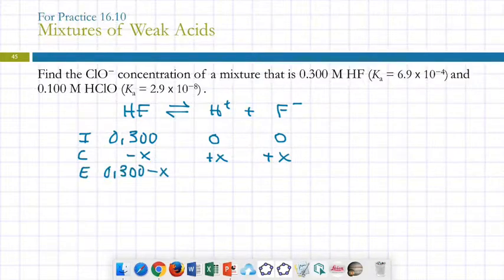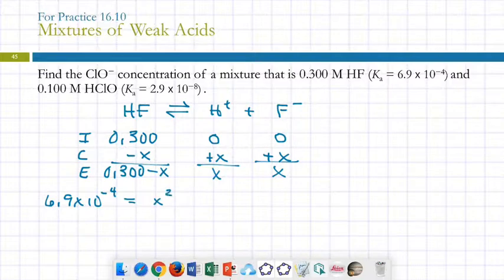They're not actually all the same, although it's looking like that right now. So we're going to find out what x is here. Ka is 6.9 times 10 to the minus 4, and that's going to be x squared over 0.30 minus x.